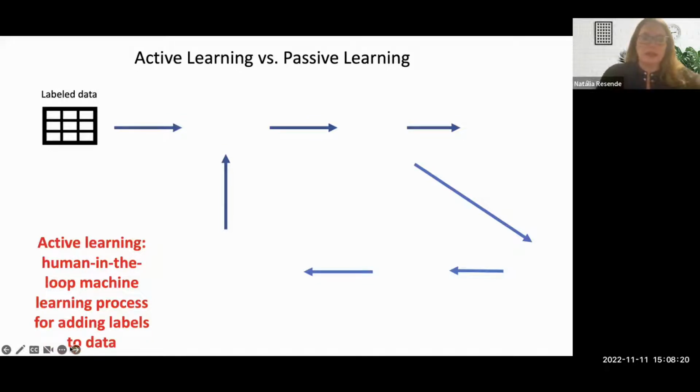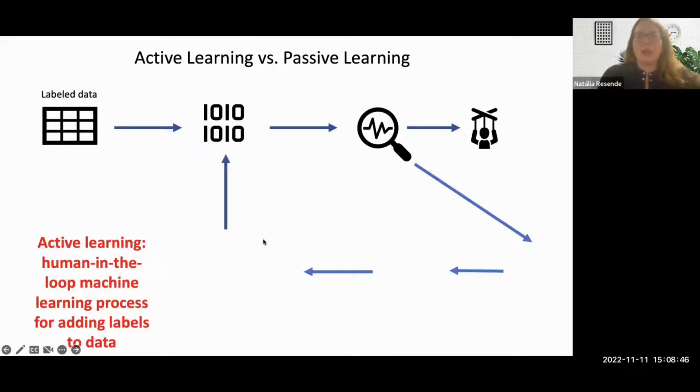After that, we evaluate this model, and if we see that the performance of this model is sufficient for our use case, for our problem, then we deploy the model. This is what we call passive learning, or the most traditional workflow of a machine learning process.